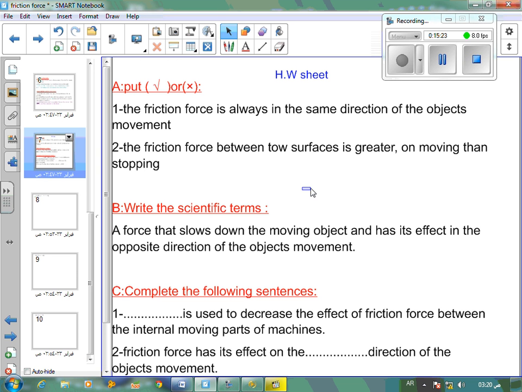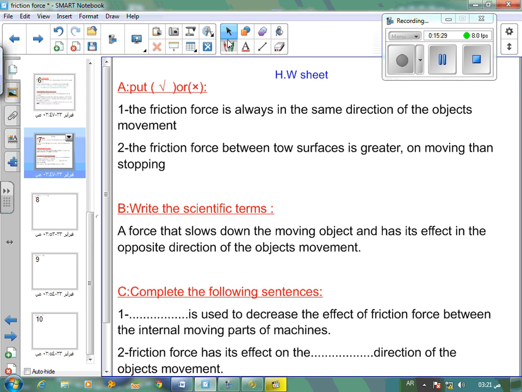Now, we will answer some questions to understand the friction force. Put right or wrong.